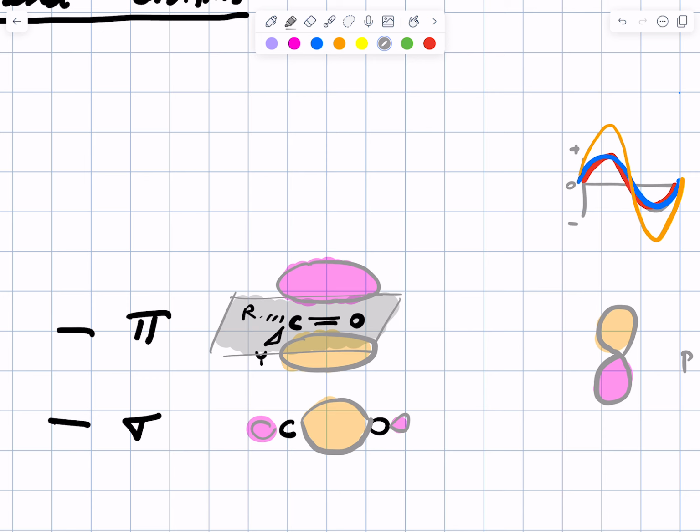So if we were to draw this how it actually appears, the orbital is leaning towards the oxygen, kind of like this.